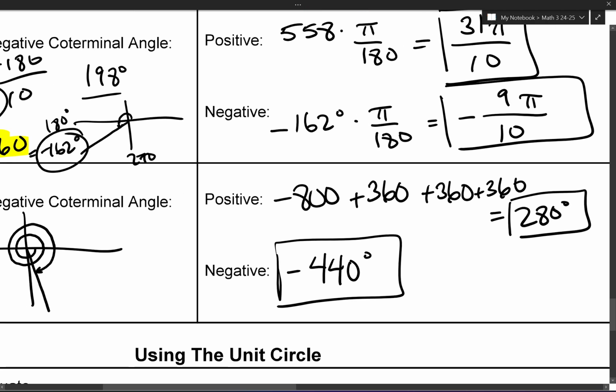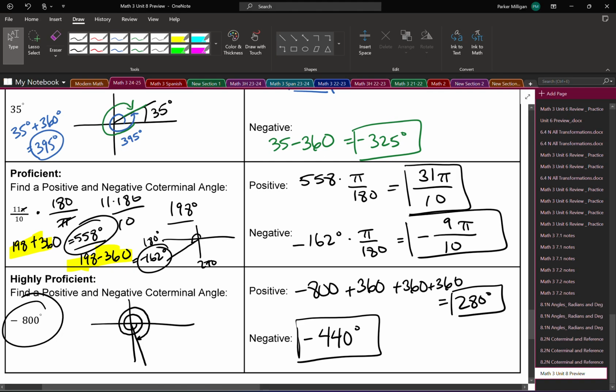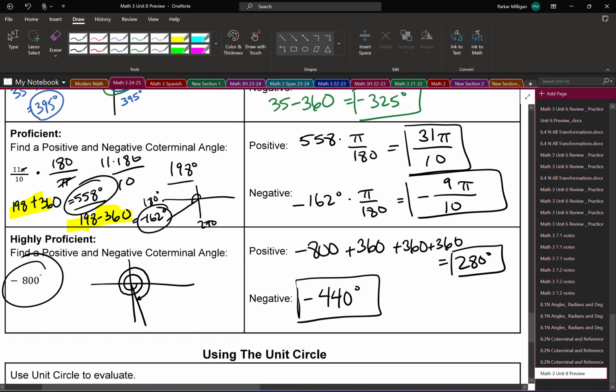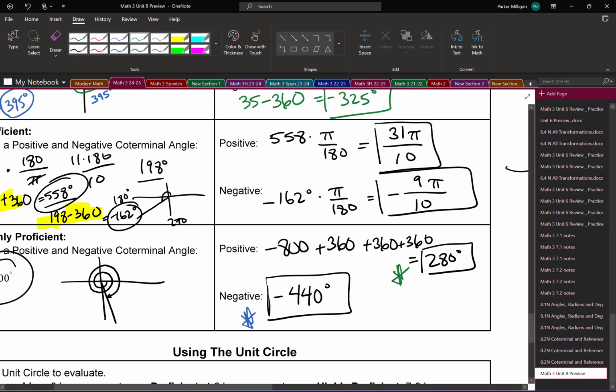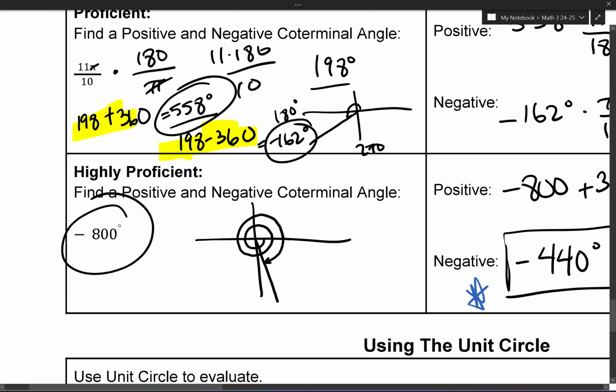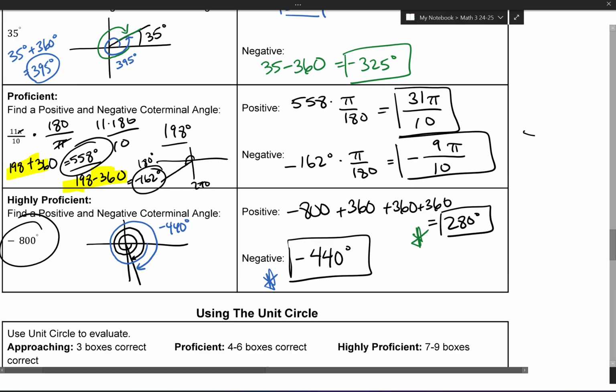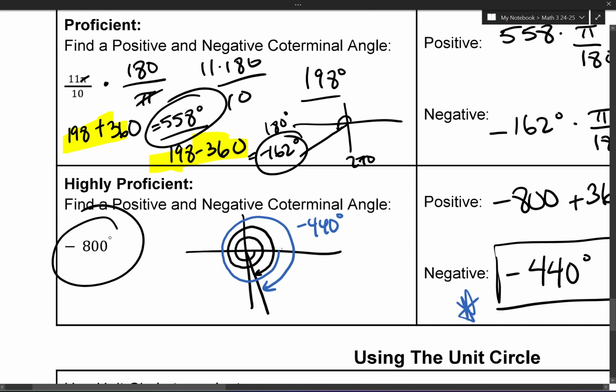What did we just find? We found 3 coterminal angles. Negative 800, negative 440, and 280. I'm going to draw this one in blue. So blue, negative 440, that's this angle. And 280 is this angle right there.